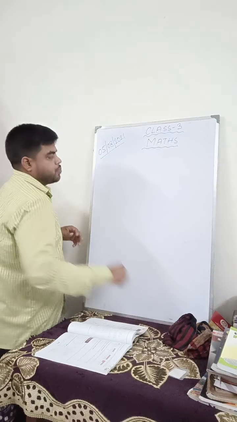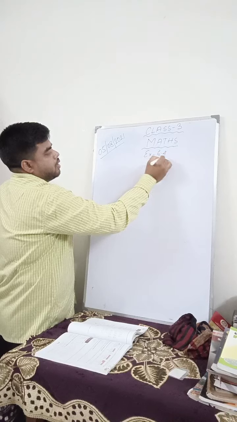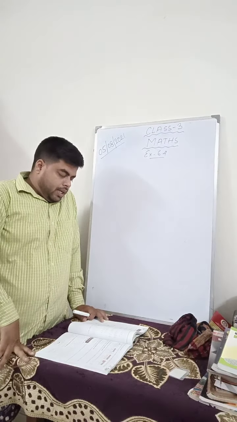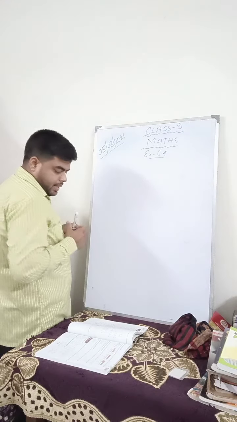Let us do exercise 6.4. In exercise 6.4, they have said, take the first one, take the unit fraction in each group. So you have to take the unit fraction.